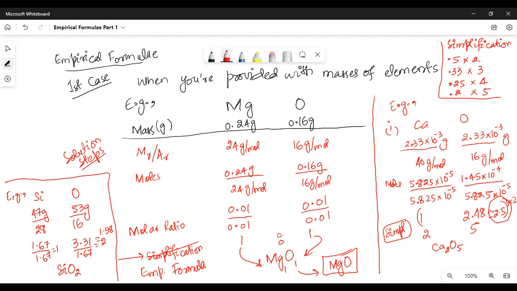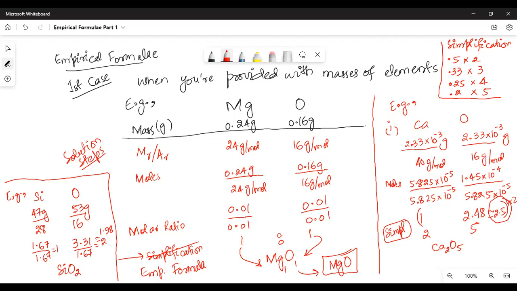This is the number you're supposed to multiply it with to get your answer as a whole number. Because if you look at it, 0.5 multiplied by 2 is equal to 1. 0.33 multiplied by 3 is equal to 1. 0.25 multiplied by 4 is equal to 1. And finally, 0.2 multiplied by 5 is equal to 1. So that's how it changes into a whole number from a decimal number.